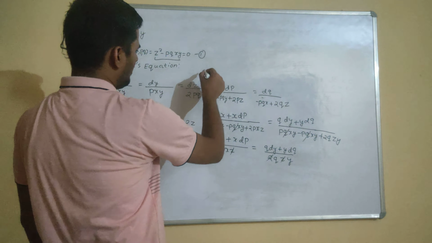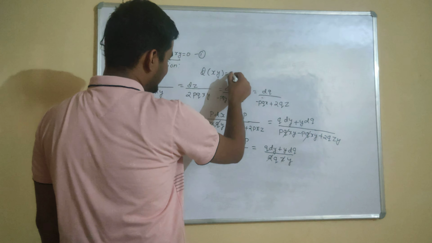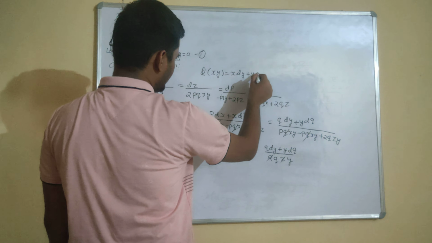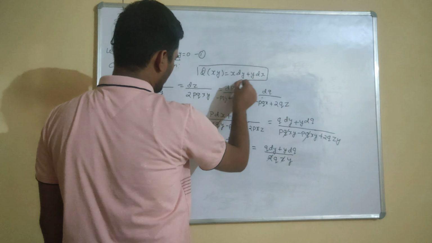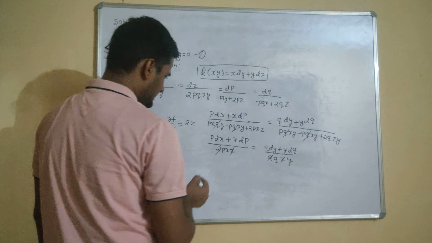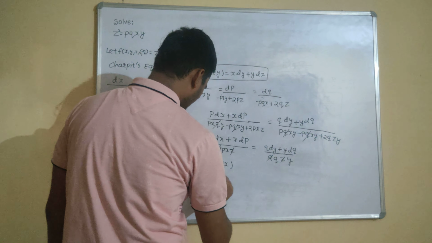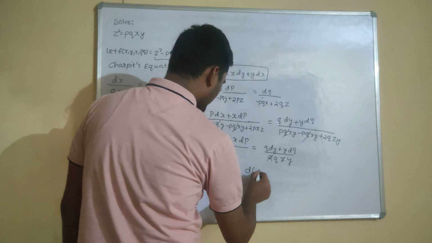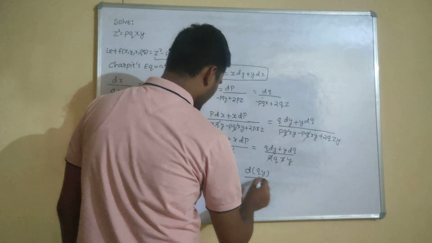Now one thing you know from your childhood, that d of xy is x as it is, derivative of y is dy, plus y as it is, derivative of x is dx. This formula I think all of you know. So if I use this, I can write this as d of px divided by px, d of qy divided by qy.